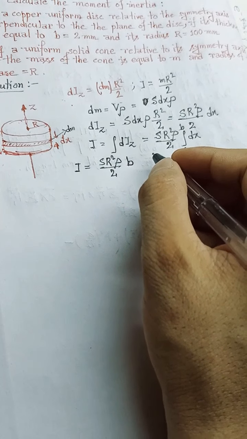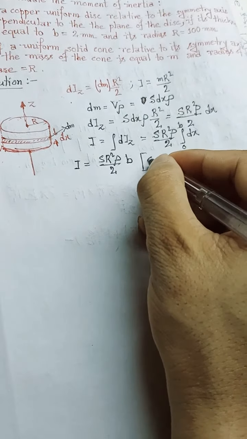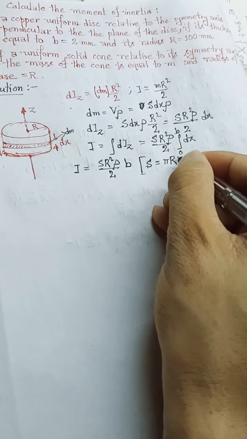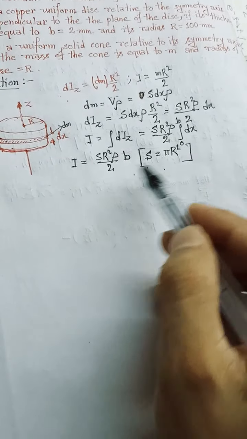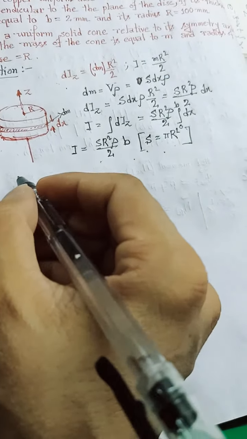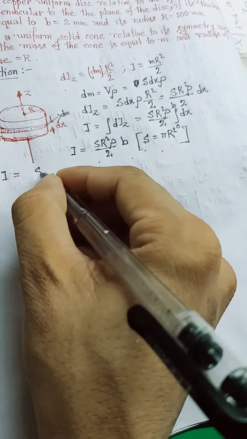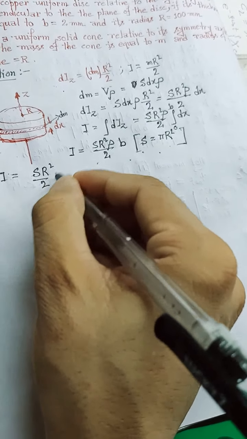Now, as we know, the surface area is S equal to pi r square, so we substitute the value of S in this equation.